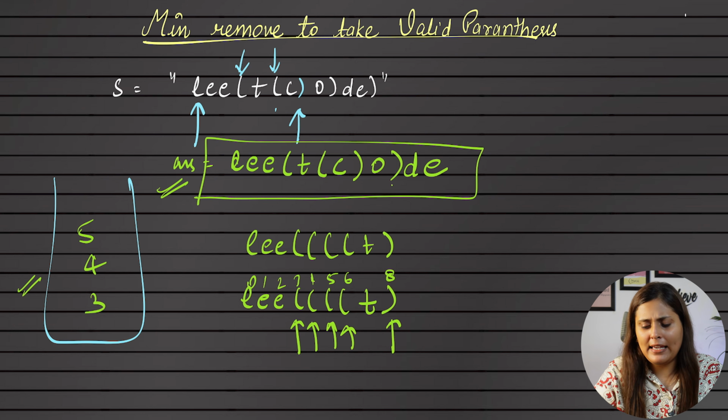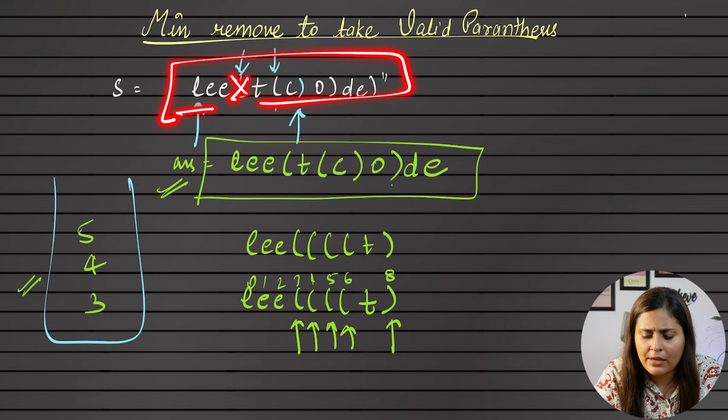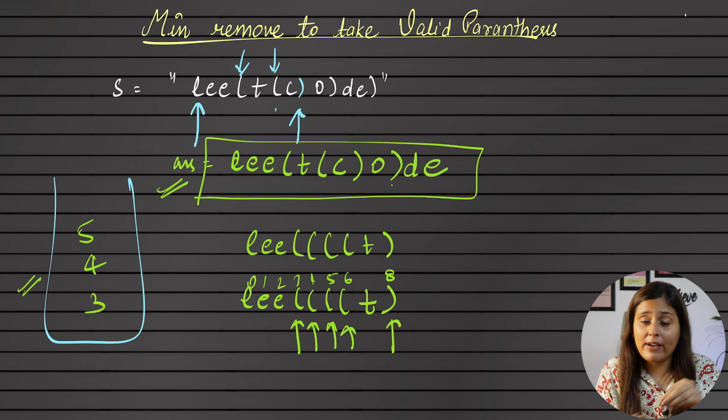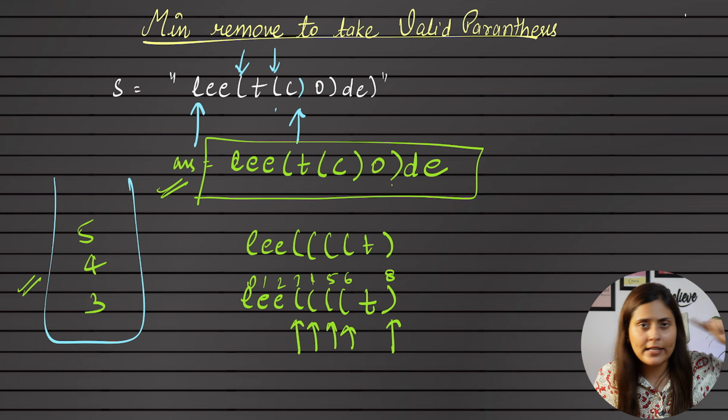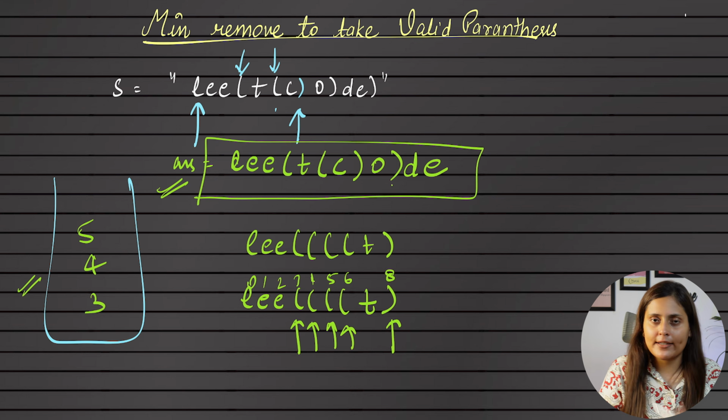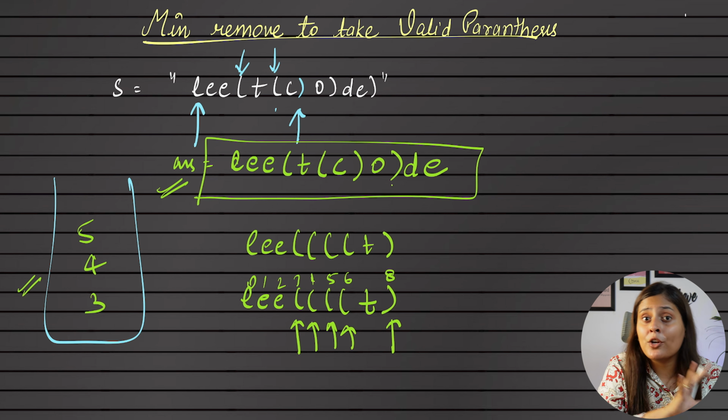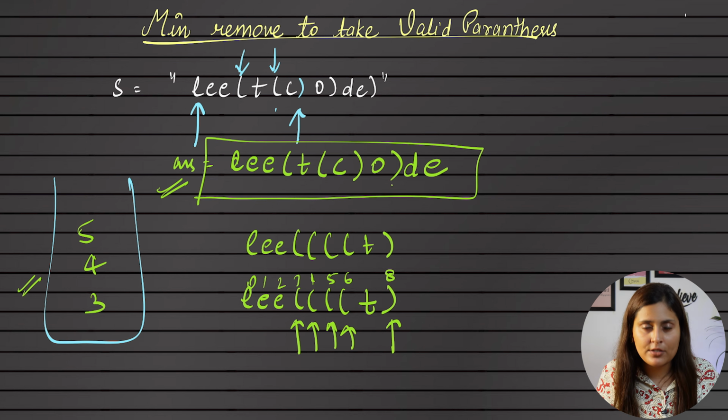Now if you're thinking, after removal, how can we check if this is valid or not? This valid parenthesis question we already solved in our previous videos. I'll add the link somewhere here, you can go and check that out. I'm considering you already know how to check whether a given string has valid parentheses.